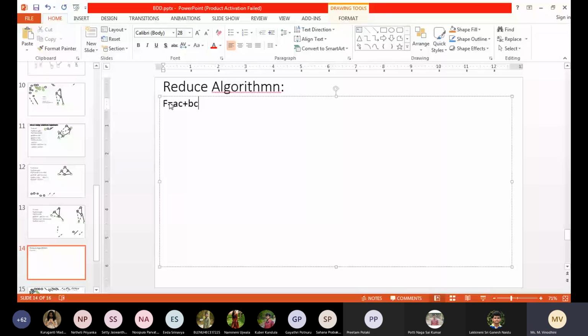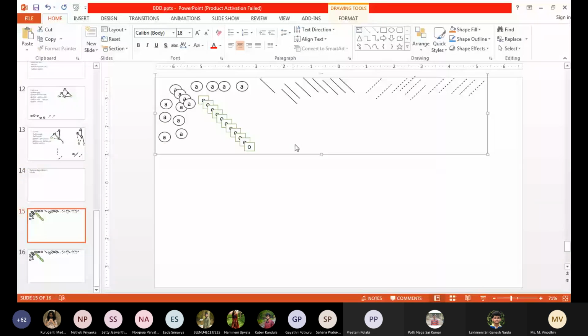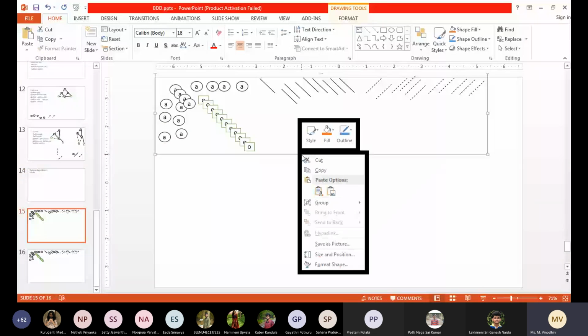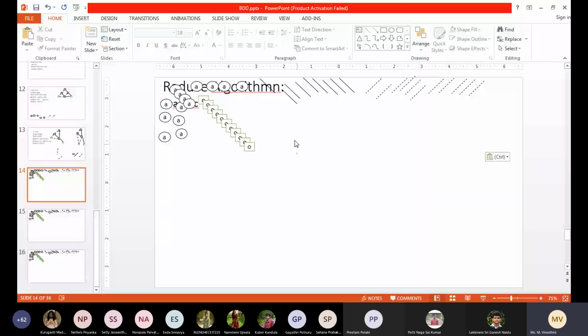Okay, so using this reduce algorithm, let me tell you how to reduce that binary decision tree to ROBDD or RBDD or BDD. So first let me also draw the diagram. You also draw the diagram.